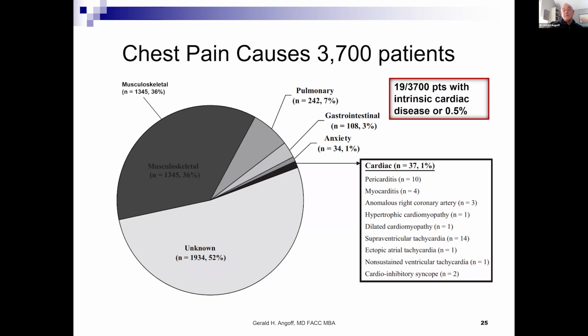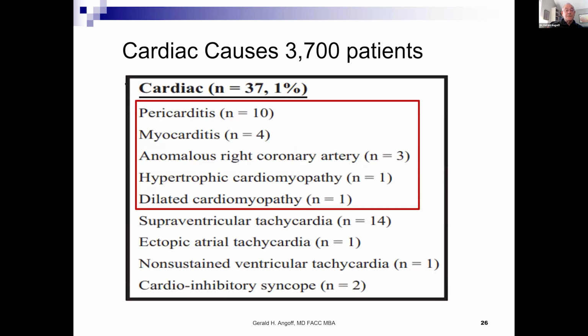But actually, only 19 of those 3,700 patients had intrinsic cardiac disease, or just 0.5%. Delving down on those cardiac causes, pericarditis, myocarditis, an anomalous coronary artery, as one of our scenario cases had, hypertrophic cardiomyopathy and dilated cardiomyopathy were the cardiac intrinsic causes.